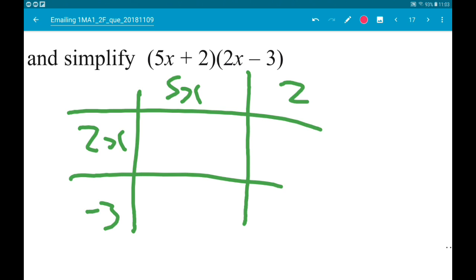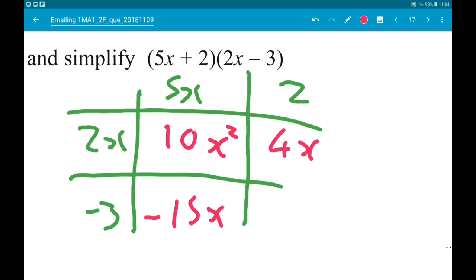Now each part of the table now is a multiplication between the thing at the top and the thing at the side. So 5x times 2x is 10x squared. 5x times minus 3 is minus 15x. 2x times 2 is 4x.